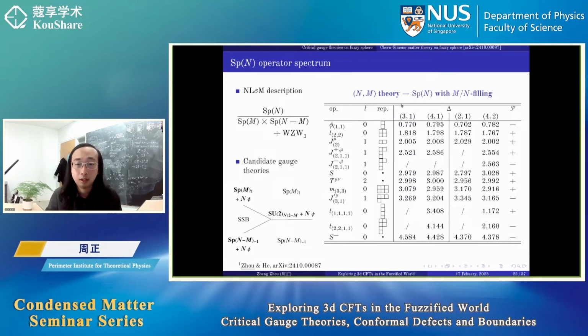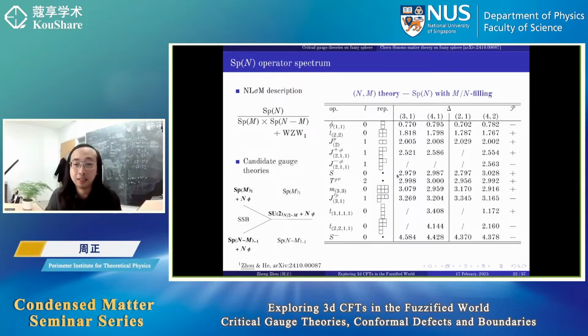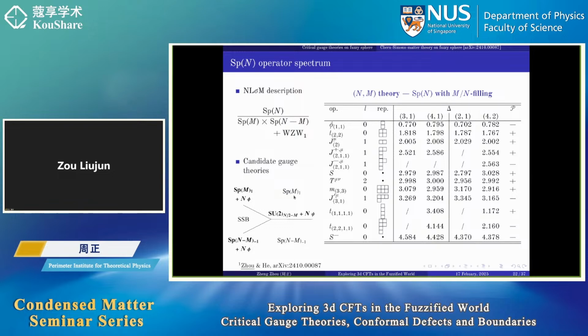So with 7 orbitals, it's still quite a small system size. And combined with the fact that the RG flow is very, very slow, that makes determining the nature of the phase quite difficult. I see. Thank you.